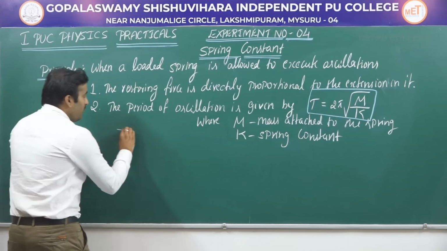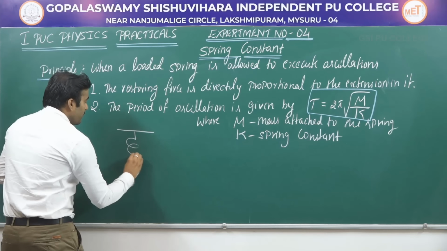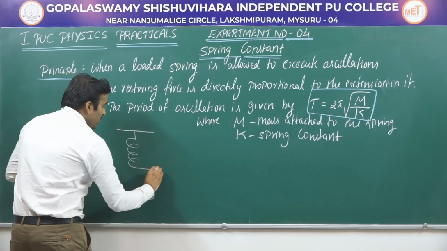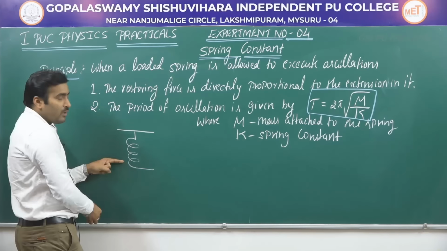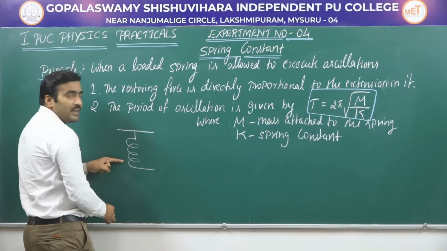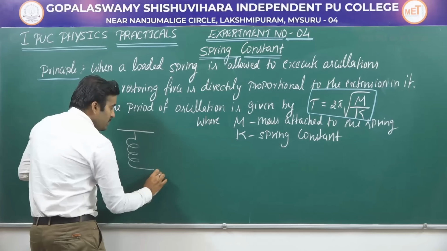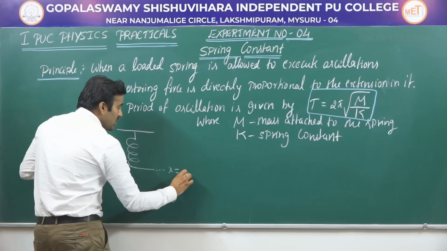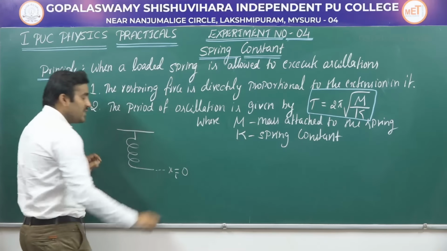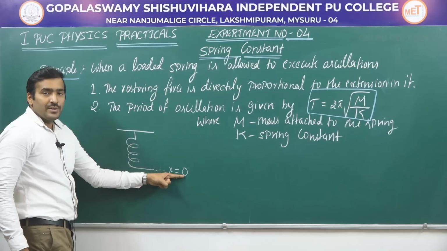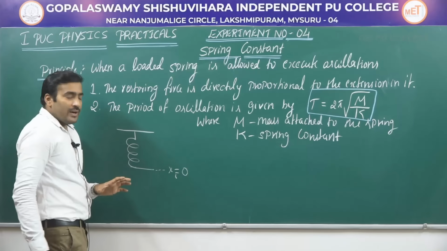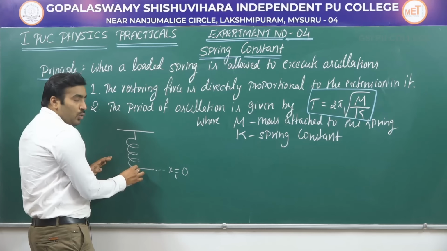For example, if I consider a spring without any load, which means the spring is at its equilibrium position. Say the spring is at the position x equal to 0, which is the initial position, xi equal to 0. Now let us attach some load to the spring.